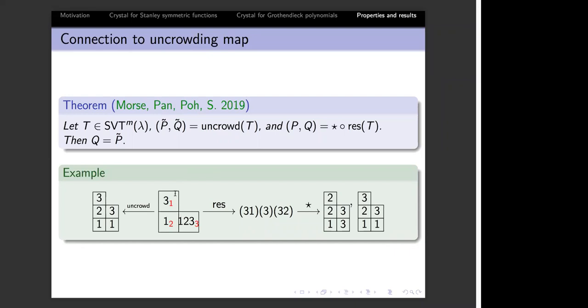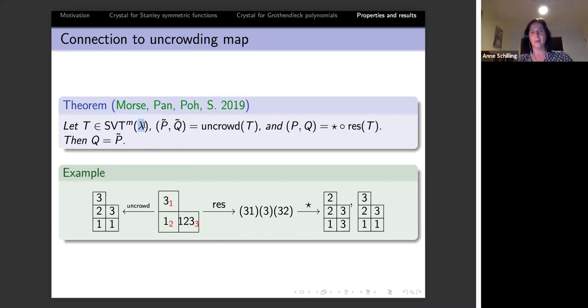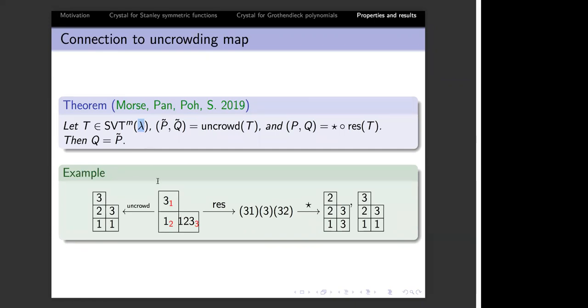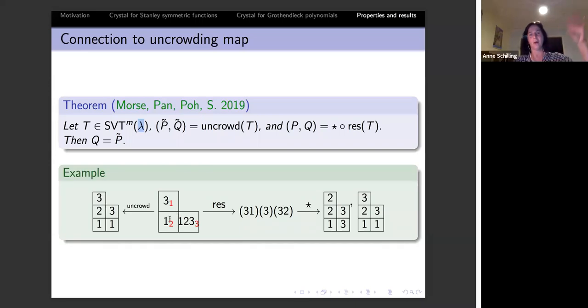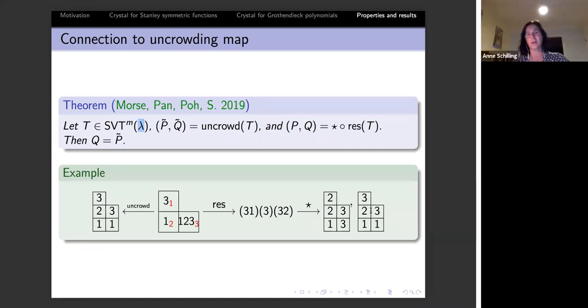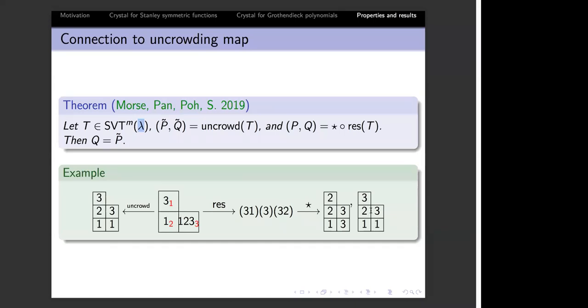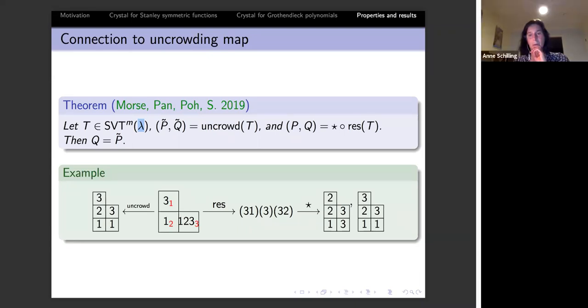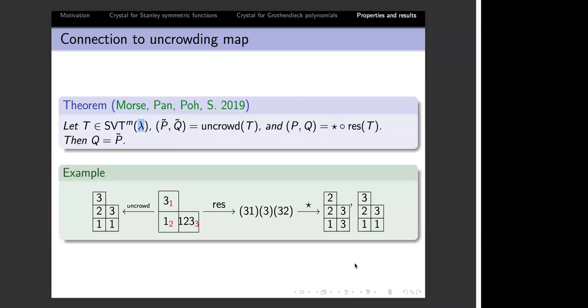Again, in this case, we are assuming it's a straight shape. The reason is if you start with something that's a skew shape and you do uncrowding, you will get something that's of skew shape. But the star insertion will always give you a straight shape tableau. So uncrowding itself works in general? Yes, uncrowding itself works. Okay, thank you. Maybe for further things, I'll look at your paper. Thank you.